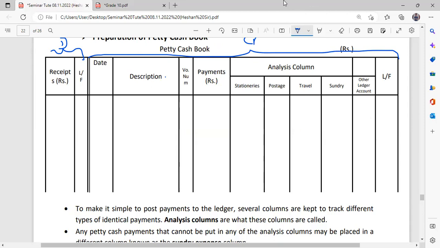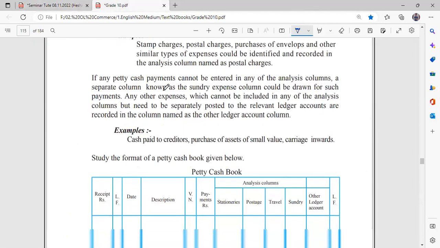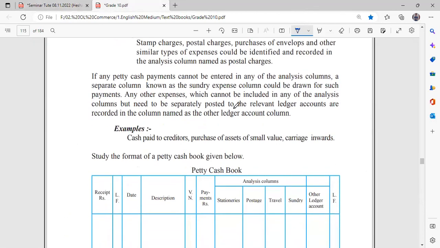So now think, other ledger accounts means, right? If we need to open separate columns, separate ledger accounts for some important payments, we record it in the other ledger account column and open separate ledger accounts. For example, cash paid to creditors. This is also an important item.